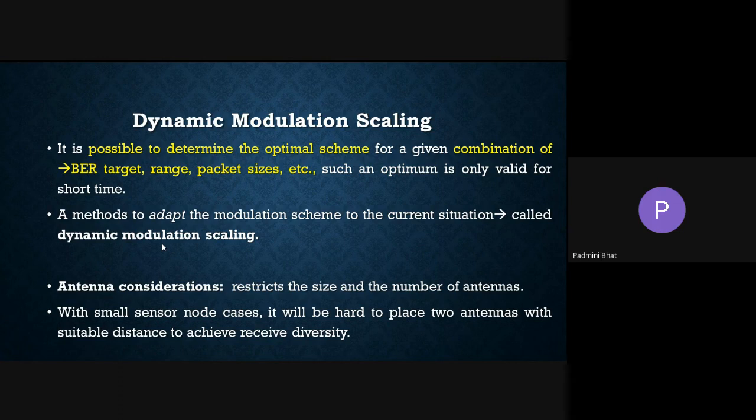Now, if the signal goes below the threshold level, then we call that deep fading. The receiver is almost unable to extract the signal from the deep faded received signal. I hope I made it very clear.